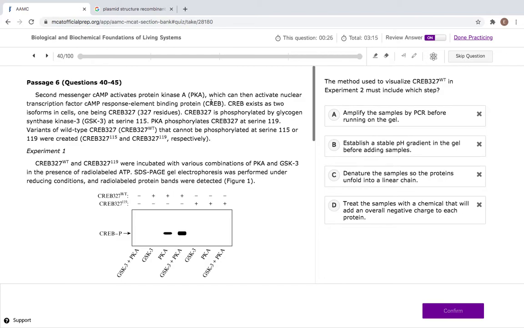That's really good because it's very high yield on the MCAT. If you don't know what a signal transduction pathway is, I highly recommend you review it. It's just as high yield as amino acids.